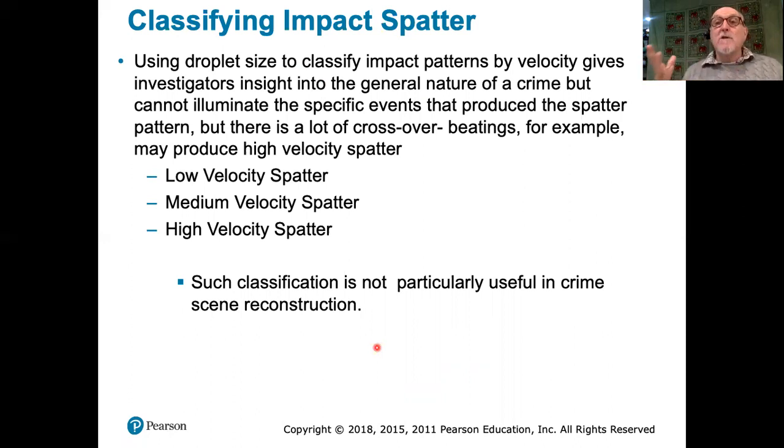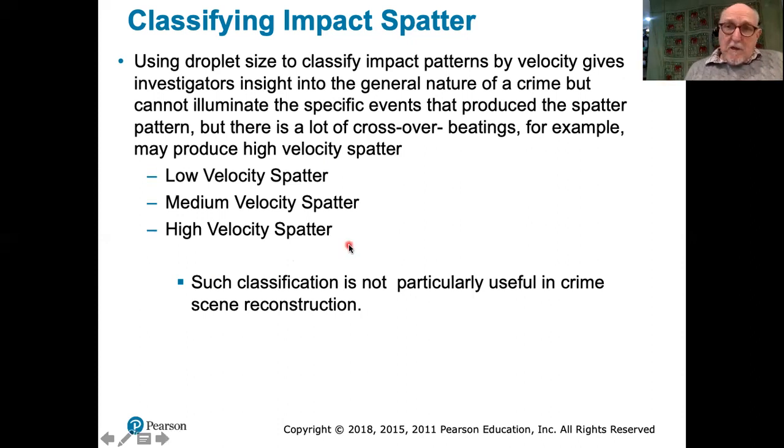So we have a range of different woundings that will produce blood spatter. We can't look at the blood spatter alone and say, well, this was just a fist, because it's low impact. Because as I told you, even a gunshot wound will produce some low velocity spatter and some medium velocity spatter.